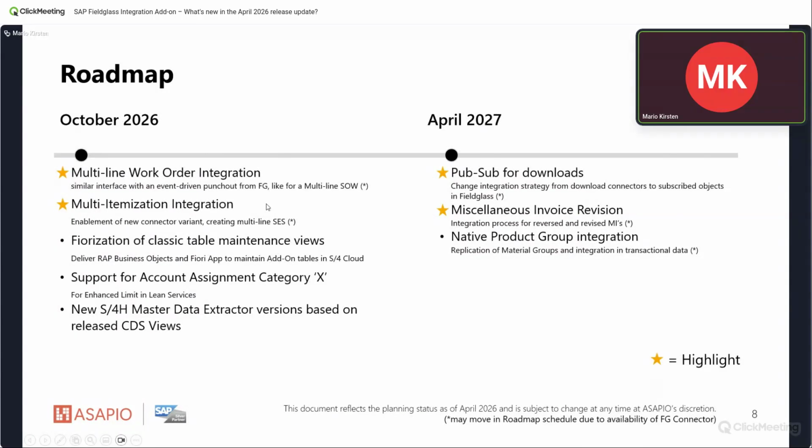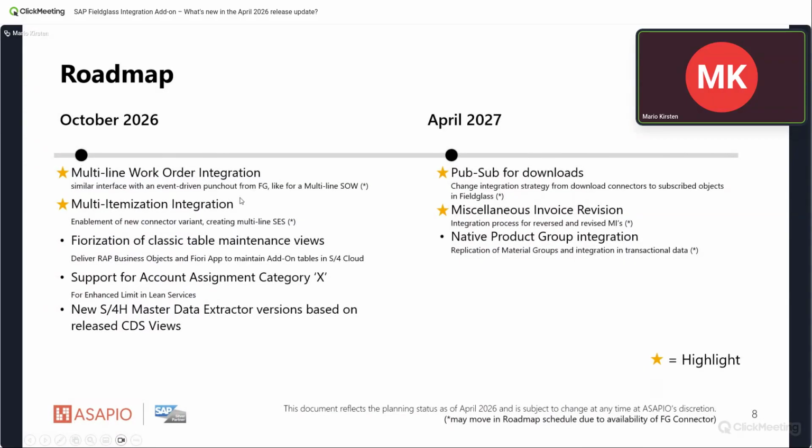Fieldglass introduces a new feature, generally available with the Fieldglass November release, that allows, from the Fieldglass UI, when you itemize an SOW line item, to not choose only one service for your itemization, but to choose several, so n number of services to do the itemization at one point in time.